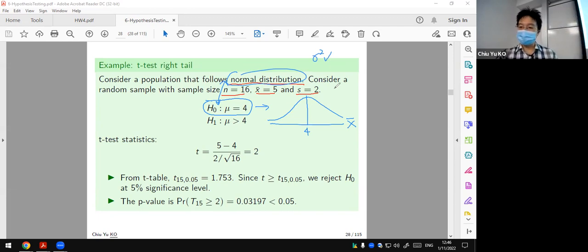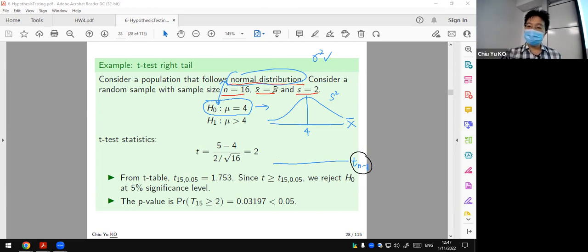But you don't know it, instead use S. This is not the usual bell curve. It has to go to the T with n minus 1. So that is the main difference from what we have learned last week.